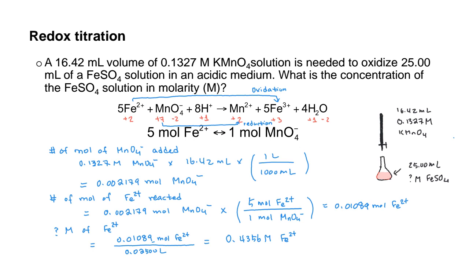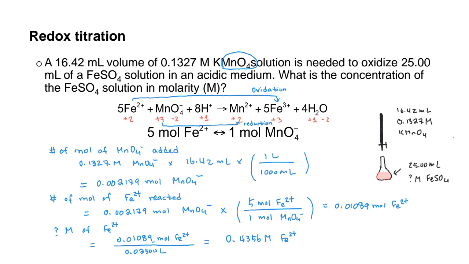In this case, we have to have a reducing reagent and an oxidizing reagent to do the titration. In this specific example, the unknown solution is iron sulfate solution, and the standard solution is permanganate solution.